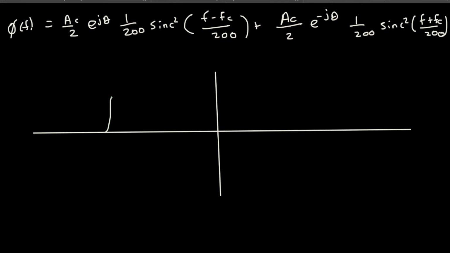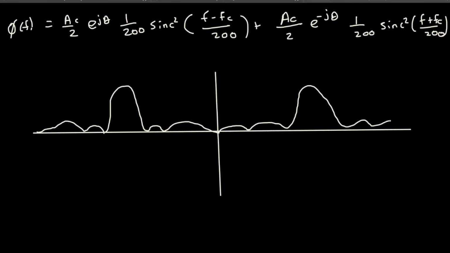So here this one is going to be at negative fc, and the other one is at positive fc. Okay, this is at negative fc and this is at positive fc, and whatever the value you're dividing by, that is the width.